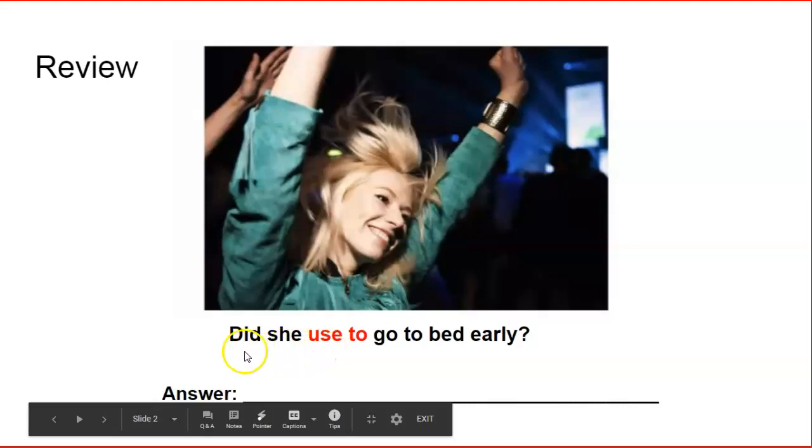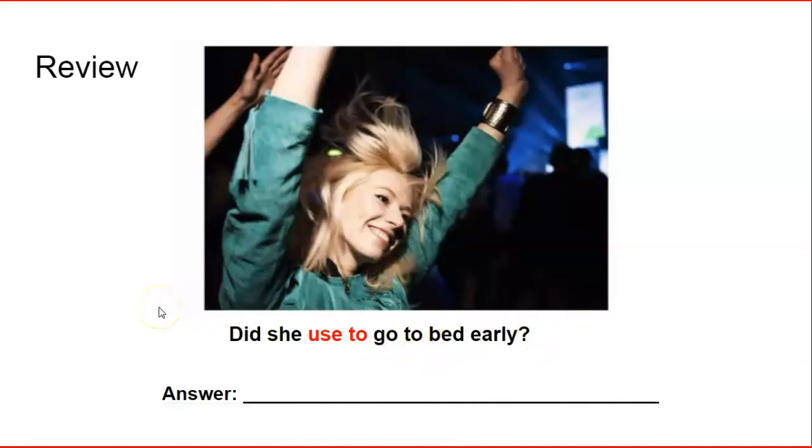Can you read that one more time? Did she used to go to bed early? Excellent. And of course, the answer is, what is the answer? Look at the picture. No, she didn't. Good.